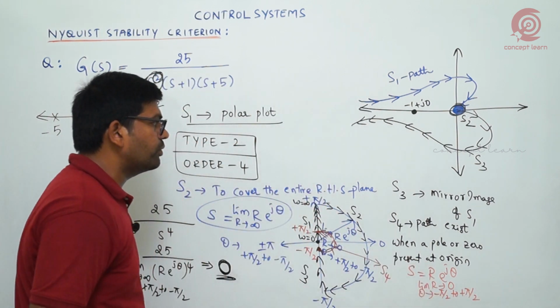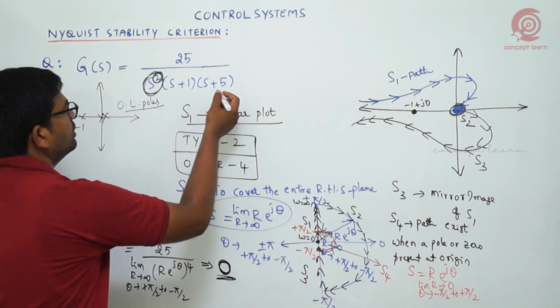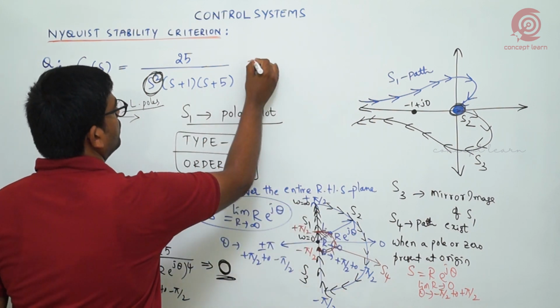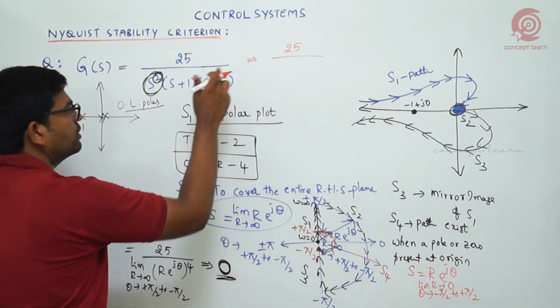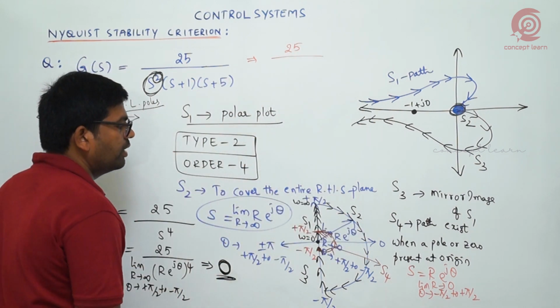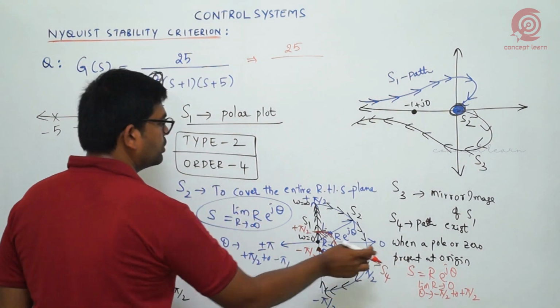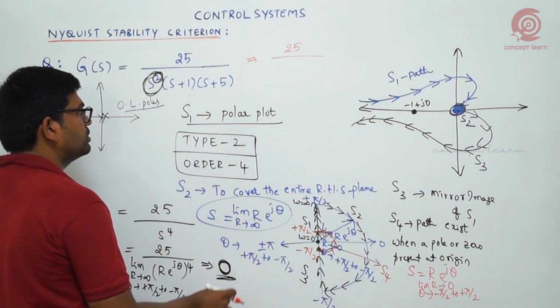We need to do this for the S4 path only, so wherever s is there, substitute r e^(jθ), with r tending to 0.